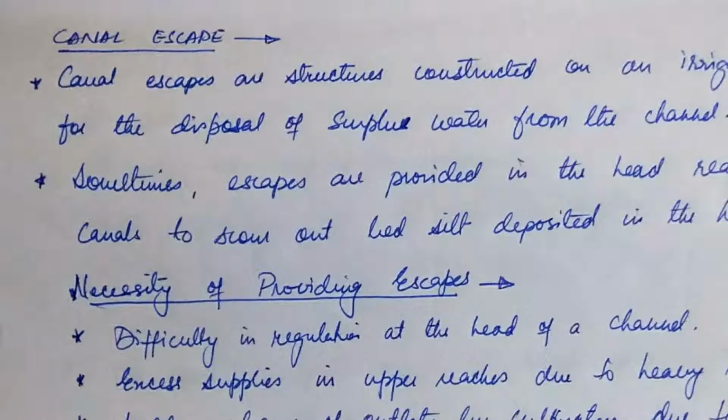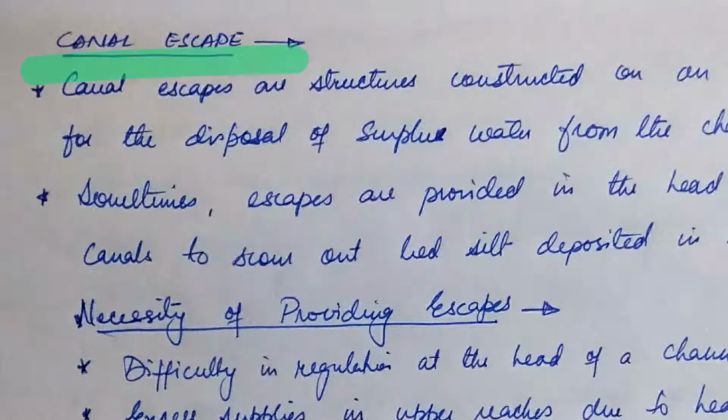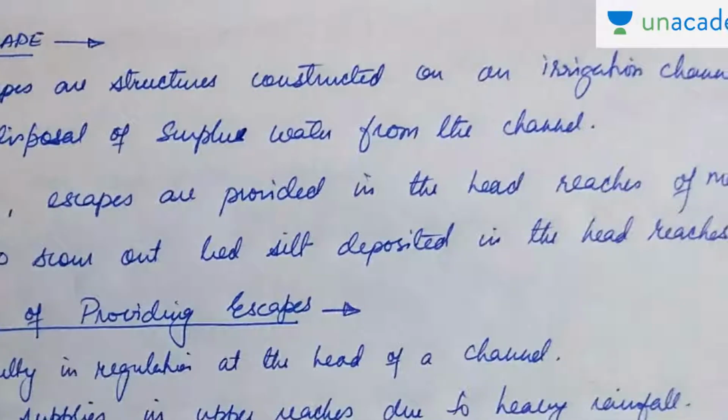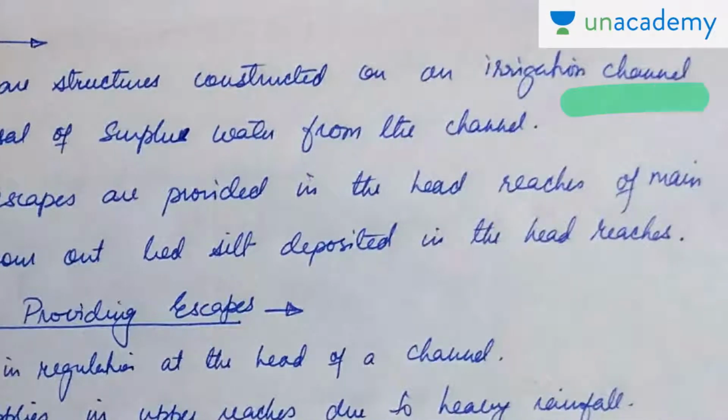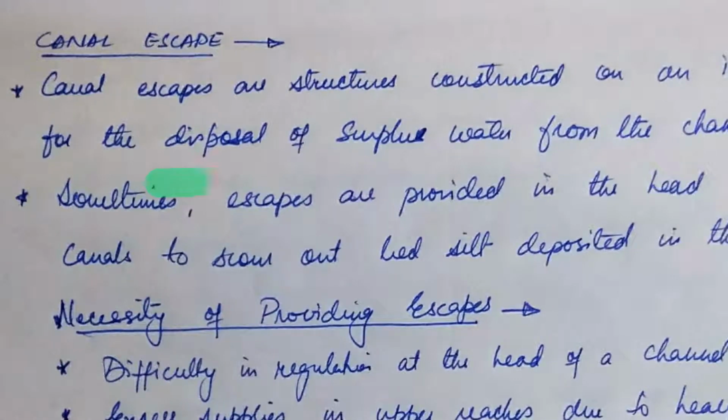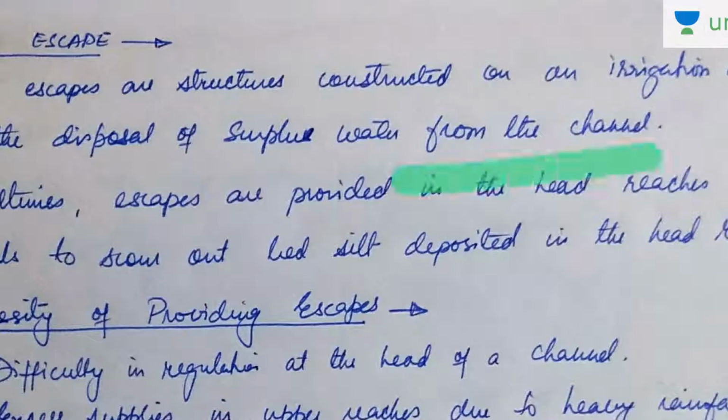Now let's try to understand one more term which is used in cross regulation works, that is the canal scape. What is a canal scape? Canal scapes are structures constructed on an irrigation channel for disposal of surplus water from the channel.